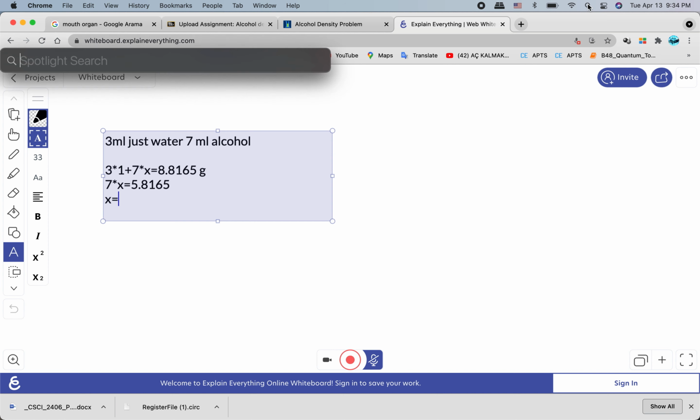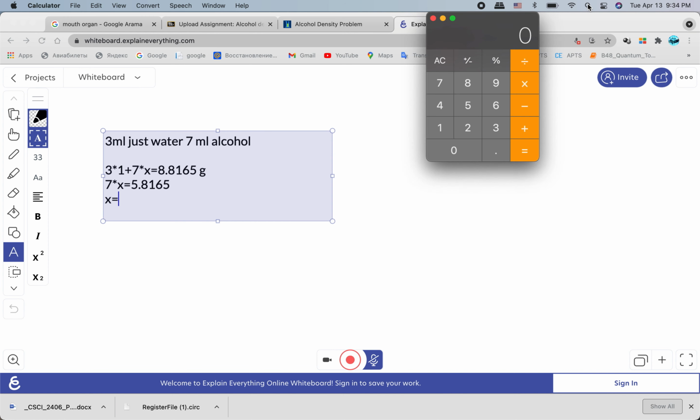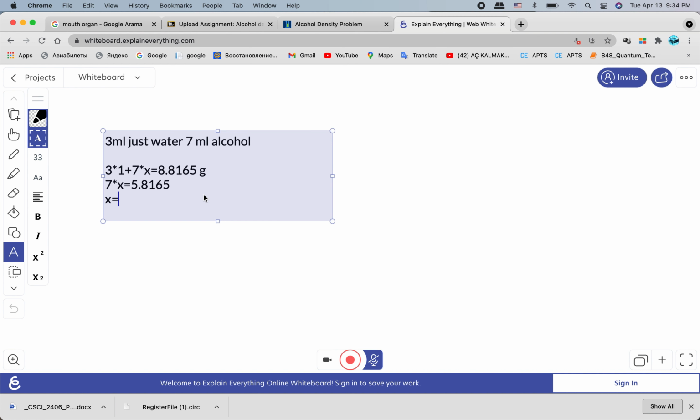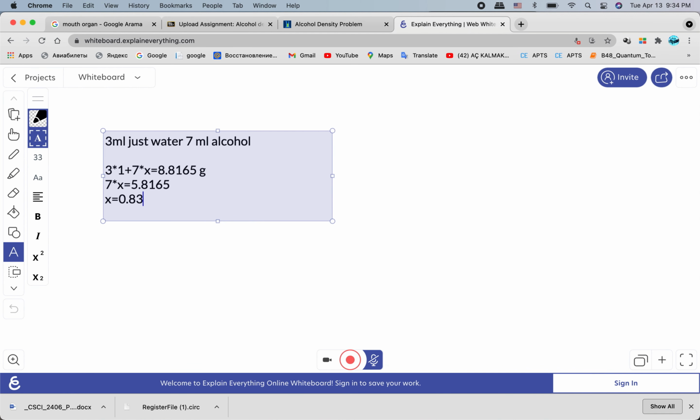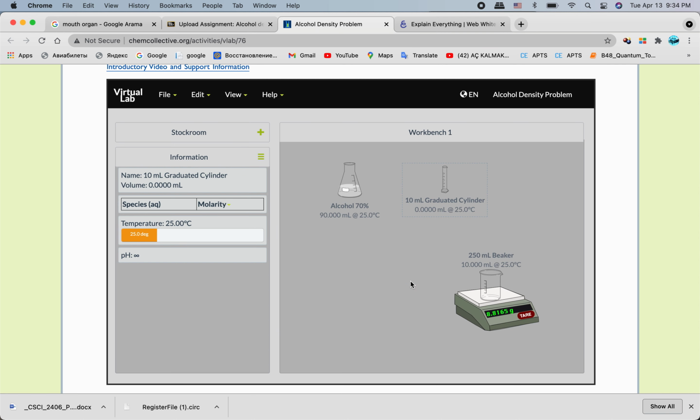So x equals 5.8165 divided by 7, and we will get 0.8301, as I remembered. This is our density. We found the density of alcohol.